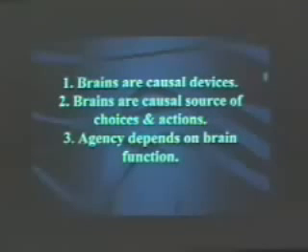Moreover, the brains are the source of choices and actions. When you make a decision to have a glass of sherry afterwards, to put on your left shoe before you put on your right shoe, or to take the dogs for a walk, whatever, the decisions are caused by other events in the brain.